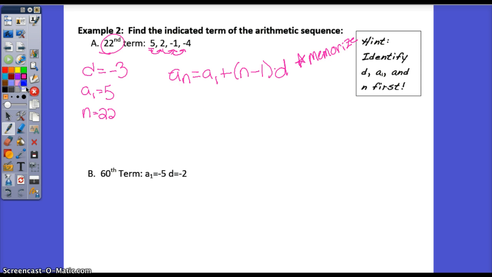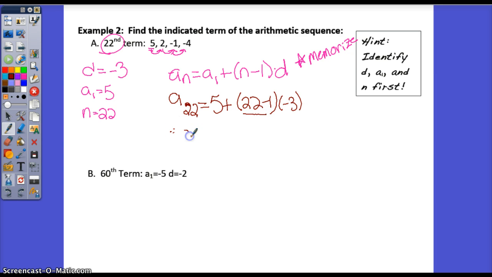You get, instead of n, a sub 22 equals a sub 1, which was 5, plus n minus 1, 22 minus 1, times your difference, which is negative 3.